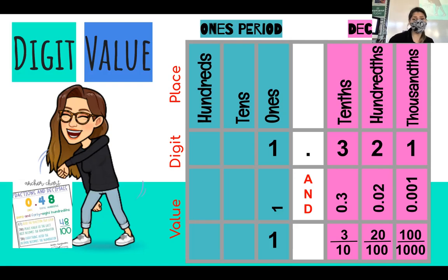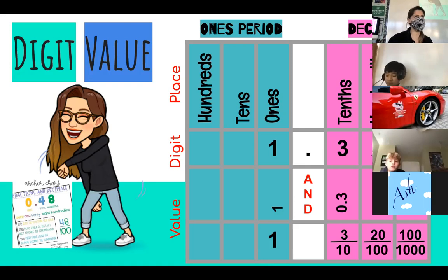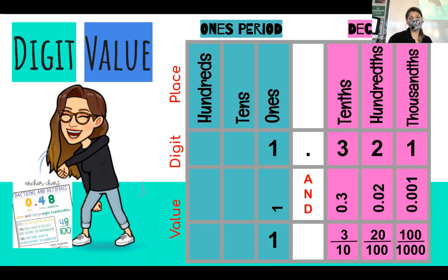I'm not going to read this as 3/10, 2/100, 1/1000. Who remembers when we did whole numbers, how many digits we can read at a time? Yes, Lucy? 3. So I think you would write it 1 and 321/1000.